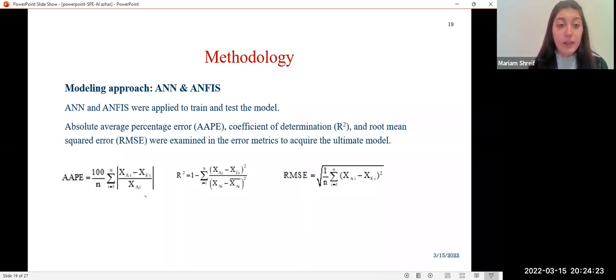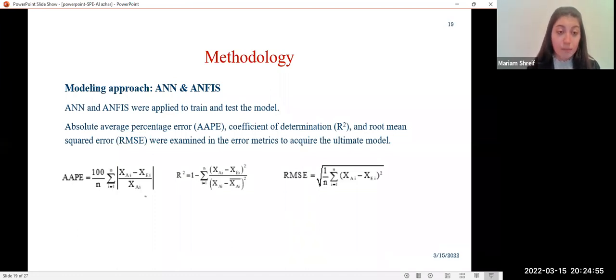So we applied the ANN and the ANFIS to train and test the model. We used 3 main error metrics to compare the 2 models and then acquire an ultimate model. First, we used the average absolute percentage error, which is 100 over n, the number of data points, times the summation of the absolute value of the actual minus the estimated value over the actual value.